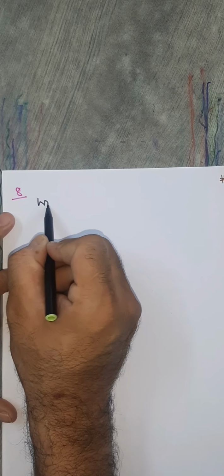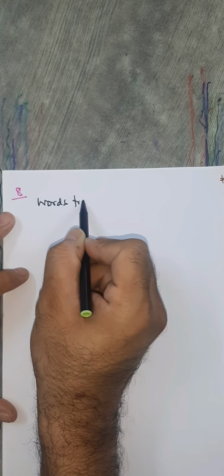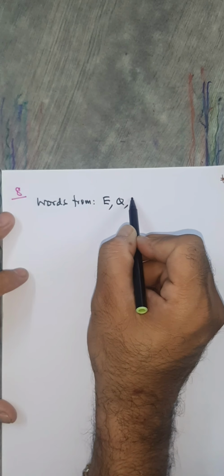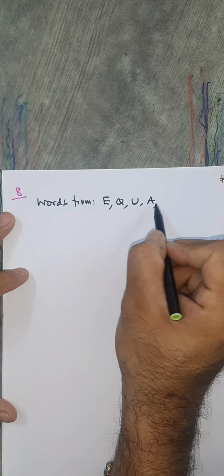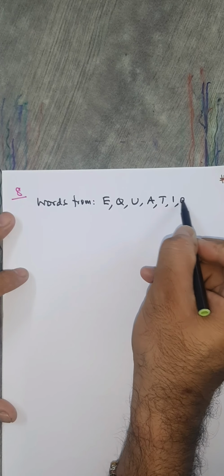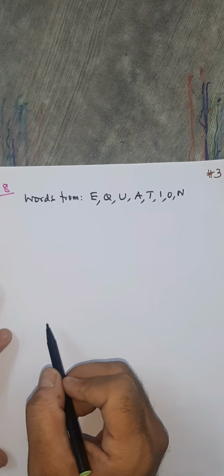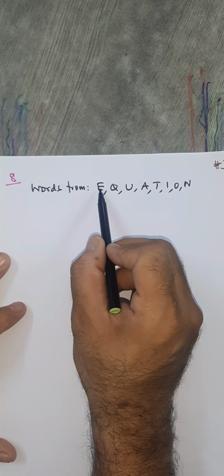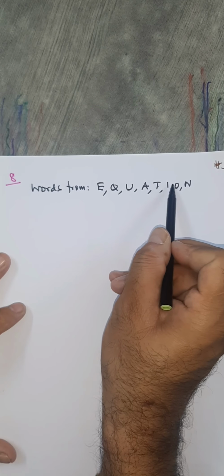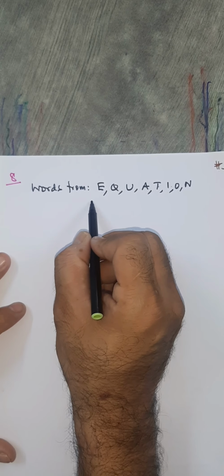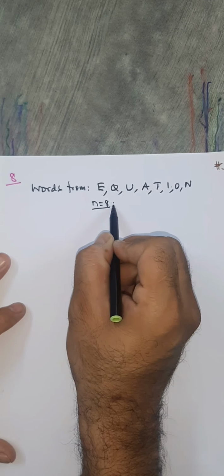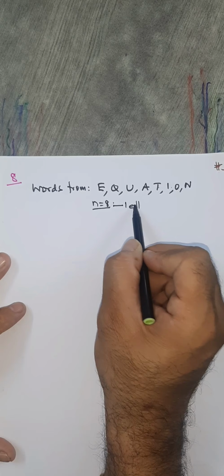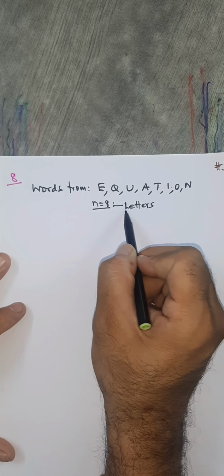So here words from the equation, that is E, Q, U, A, T, I, O, N. So 1, 2, 3, 4, 5, 6, 7, 8. So there are 8 letters, n equals 8, number of objects.